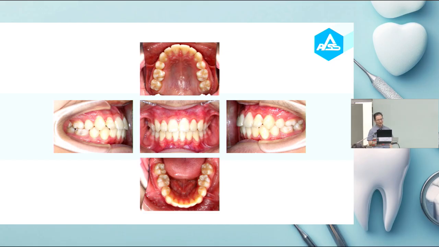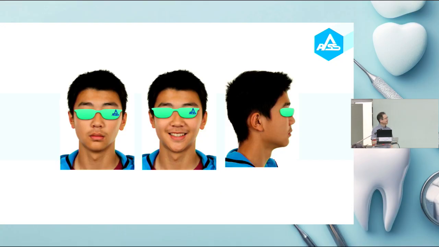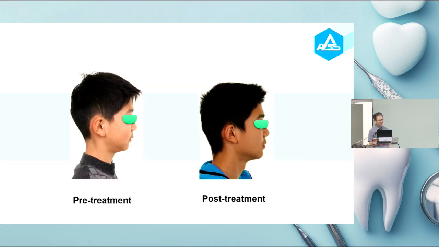Finally, a normal overbite and overjet were achieved. Also, we corrected the distal class 2 molar relationship. The boy got a nice smile and a good profile. Let's compare the pre-treatment and the post-treatment profile.